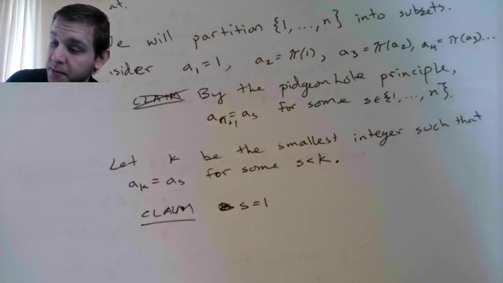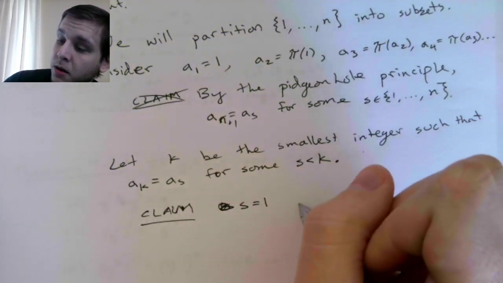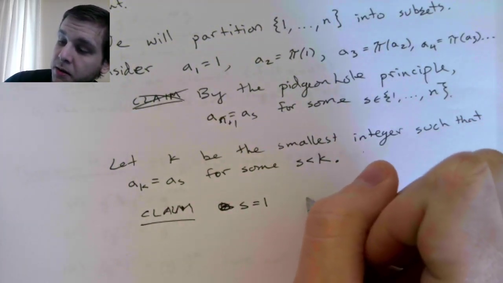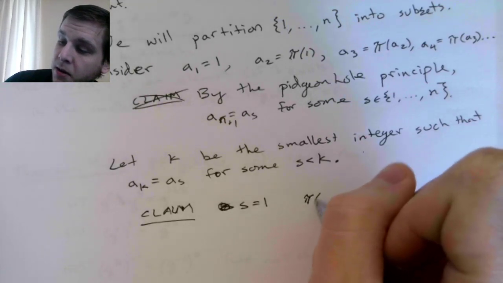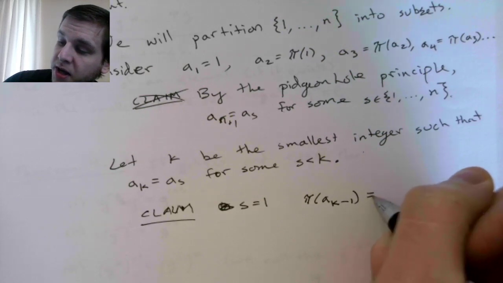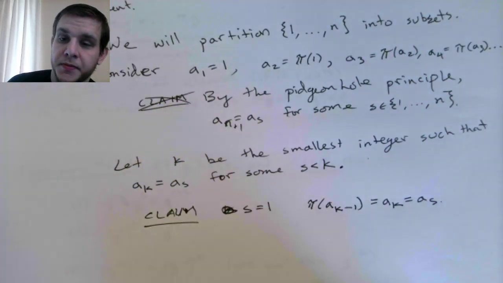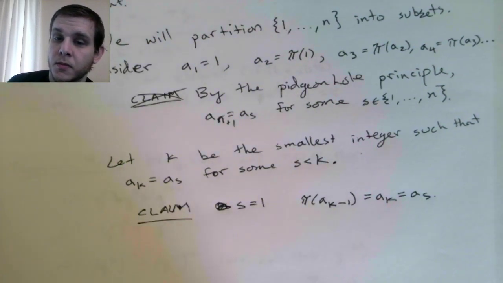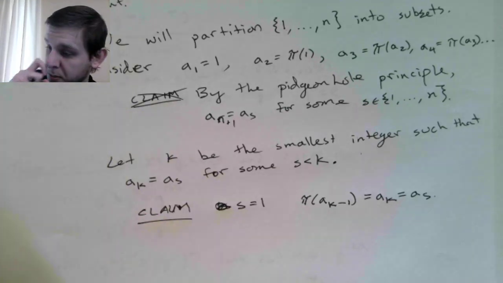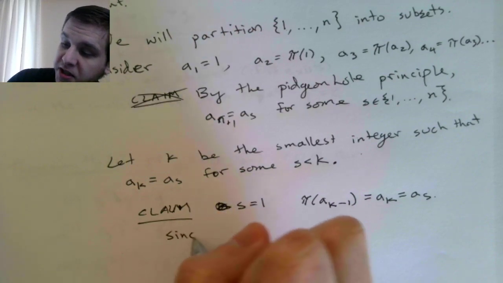So how do I prove the claim? Well, what do I know? I know that pi of a_{k-1} is equal to a_k, which is also equal to a_s. But pi is invertible because it's a bijection.